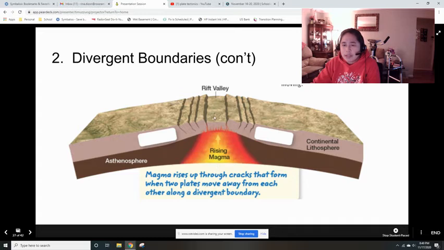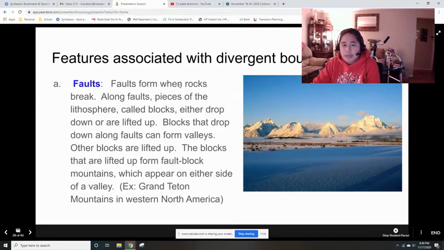You'll have magma rising up. You'll have a rift valley where magma is cooling and hardening, becoming new crust. And on the sides, you'll eventually get subduction so that the width of the oceanic floor isn't getting bigger. It's just being recycled.